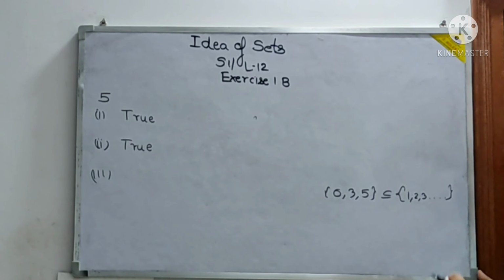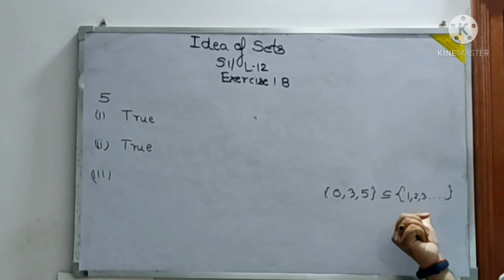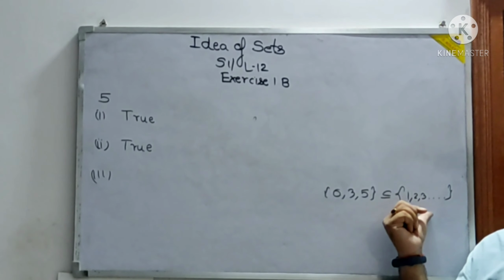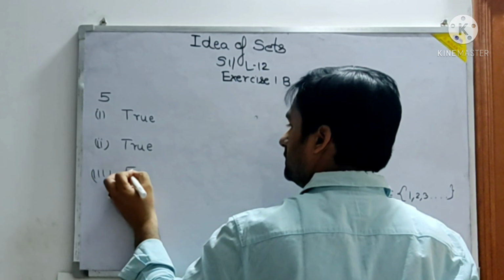So though 3 and 5 will lie, but even if one element is not an element of the superset, then we will say that it will be false only. So that's why it is false.